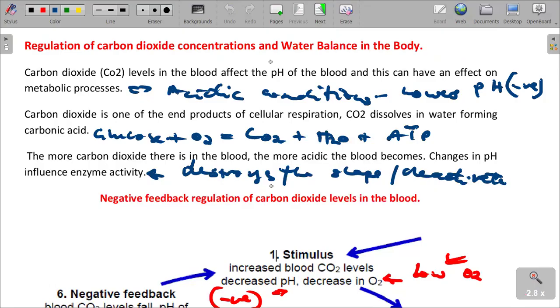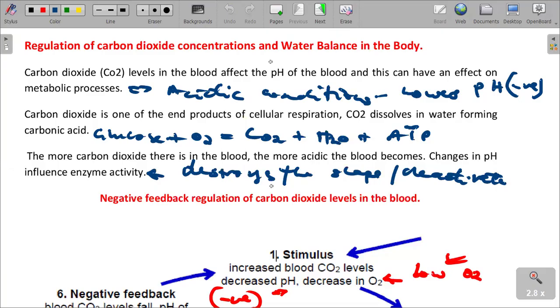Without wasting any time, how are carbon dioxide concentration and water balance maintained in the body? Carbon dioxide levels in the blood affect the pH of the blood, which can have an effect on metabolic processes.